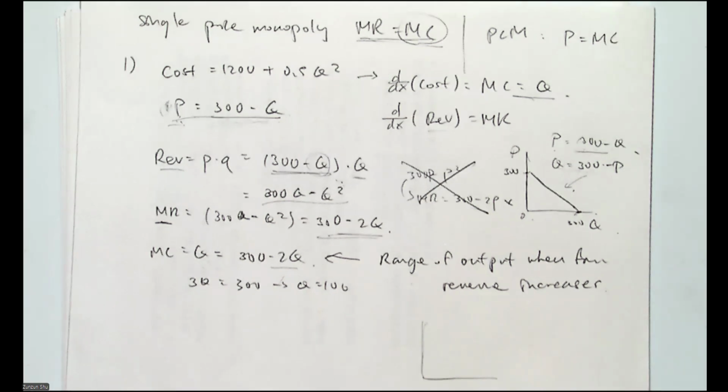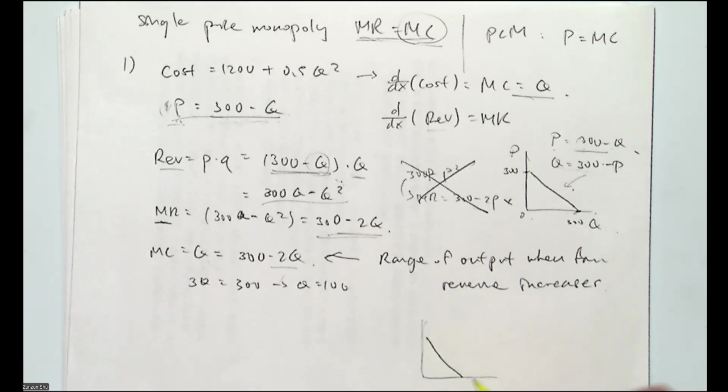Marginal revenue means additional revenue generated from an additional good. Knowing that, let's say our MR looks like this. Whenever our MR is positive, that means for an additional good we produce, that's bringing us more revenue.